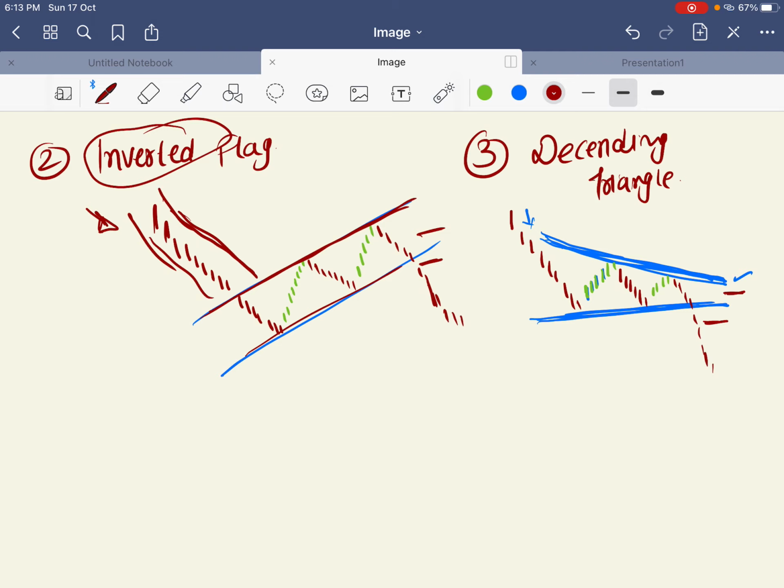What you have to remember, the trend is bearish at first, enters the triangle and then breaks out of the triangle. So this is descending triangle.